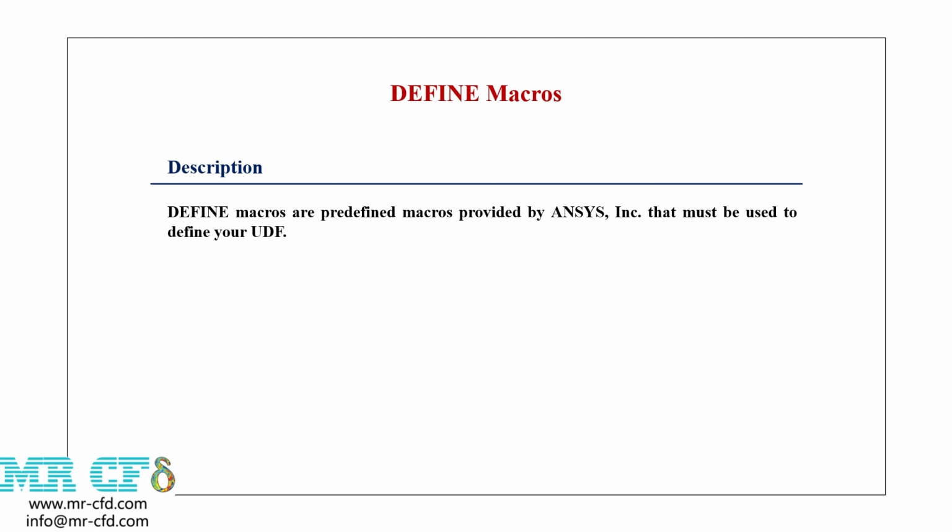In fact, each defined macro is used to define a specific function for use in a specific part of the Fluent software. We intend to introduce you a list of commonly used defined macros and have a useful discussion about each one. We have also tried to provide a UDF code sample for some of the commonly used macros to familiarize you well with the use of these defined macros.